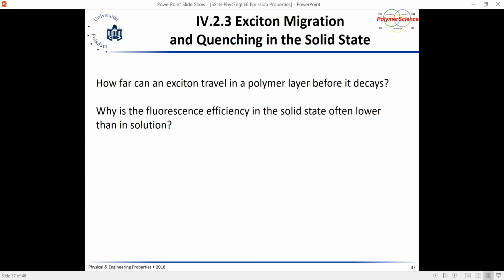Most of this time, even though we had polymers in mind, we were only considering what happens when we have one molecule, one part that is excited and has no interaction with anything else. That might not be the only thing that's happening. So in one case, we might actually have an electronic excitation from one chromophore to another chromophore.